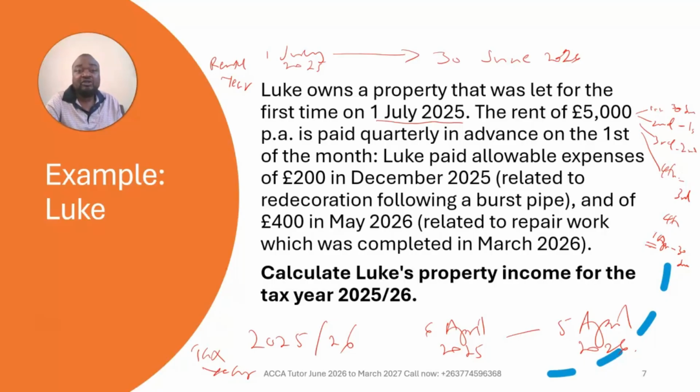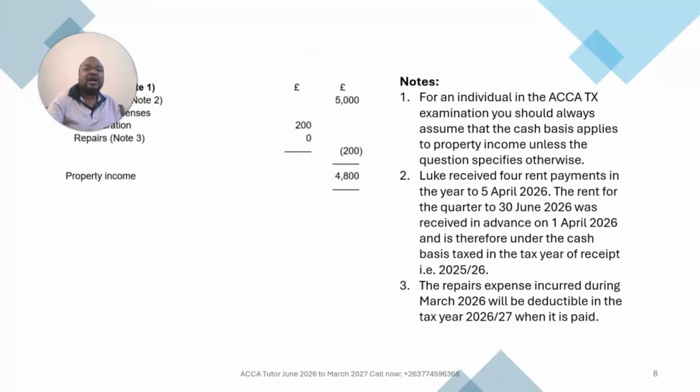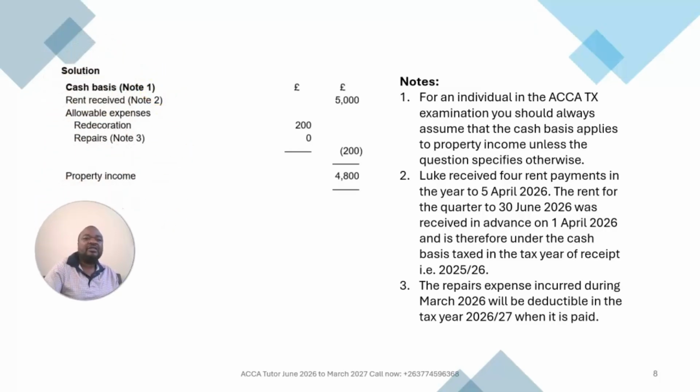So now, once you are certain that the 5,000 is going to be applicable, you then have to come up with something like this one. This should assist us in doing everything. So we put our 5,000 here.